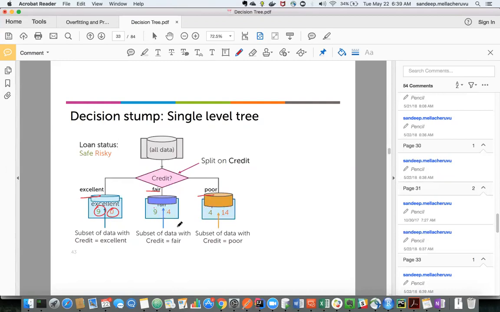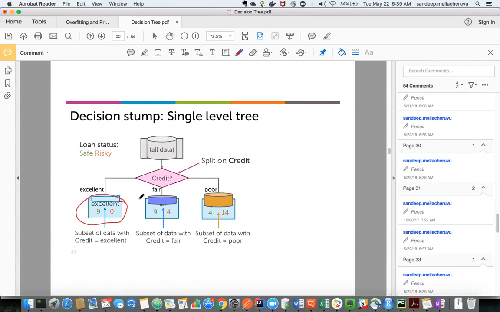Now you can see here, this one is very good, because this branch is always saying it is a safe loan. When credit equal to excellent, always it is saying that it is a safe loan according to the data.